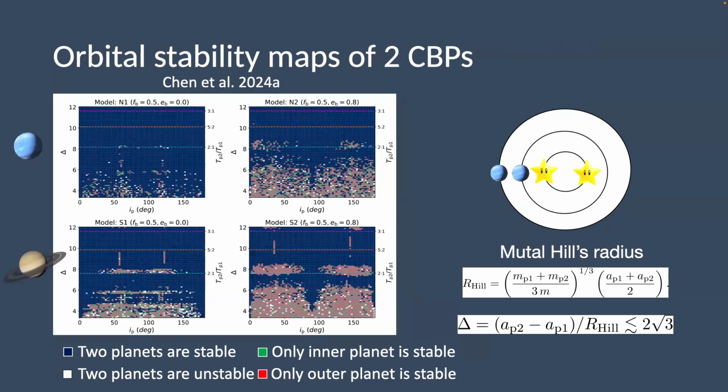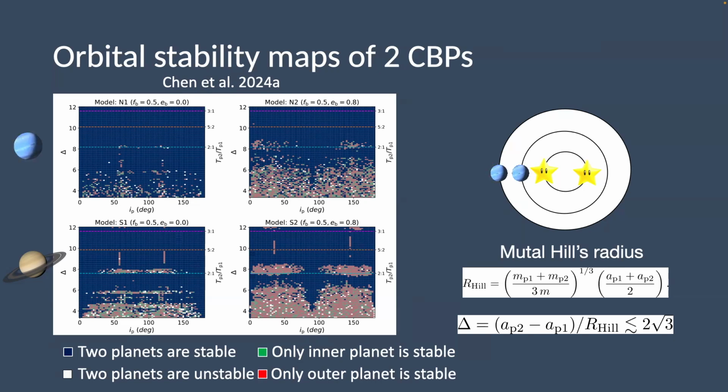And then next, if we consider Neptune-sized planets, it's still stable, but we still have some unstable orbits. And in the eccentric binary, we see more unstable orbits. And finally, if we consider Saturns, we see a very similar picture as before.